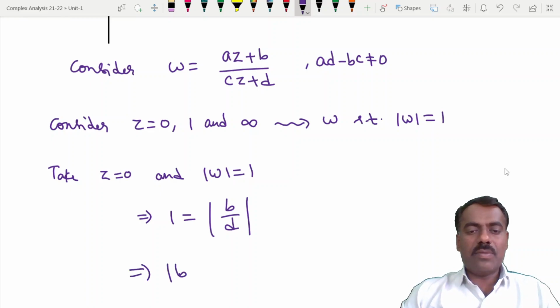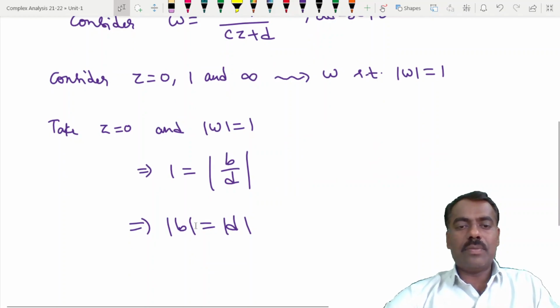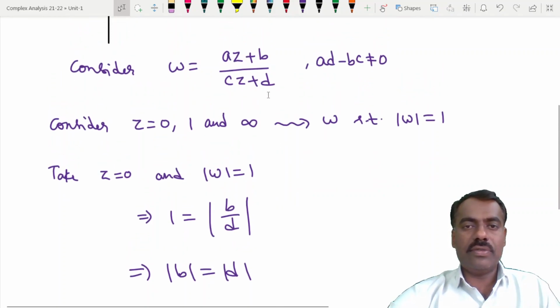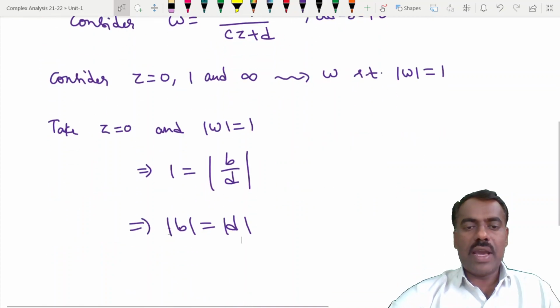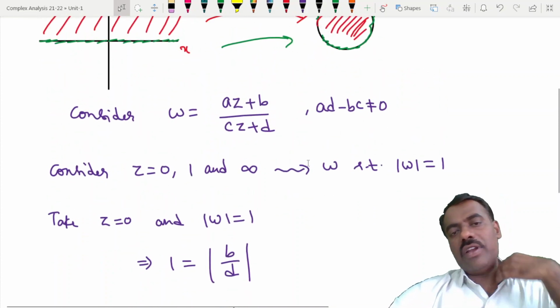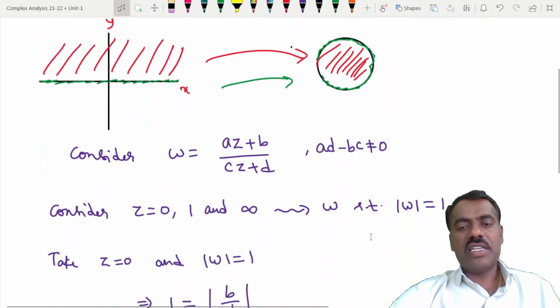This is the same as modulus of b equal to modulus of d. So we get that mod b is equal to modulus of d when z is equal to 0. That means if z equal to 0 should map to mod w equal to 1, we should have mod b equal to mod d for any such linear fractional transformation.